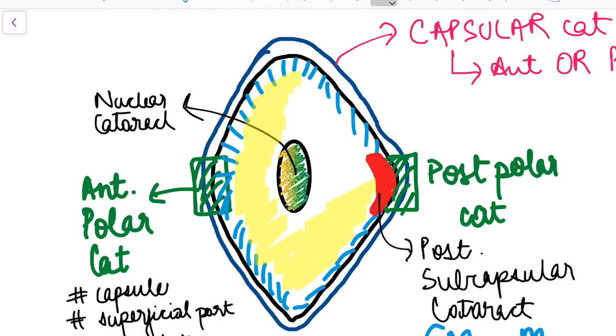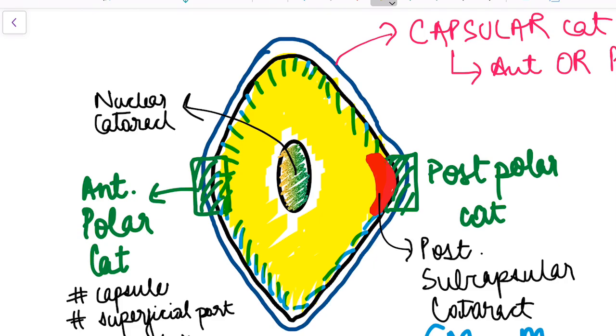This is the cortical part. Okay, I might as well cover this part also because it is a part of cortex only. Okay, if this part is opacified, it comes under cortical cataract, right? And posterior subcapsular cataract also comes under cortical cataract only because it is involved in that area only.